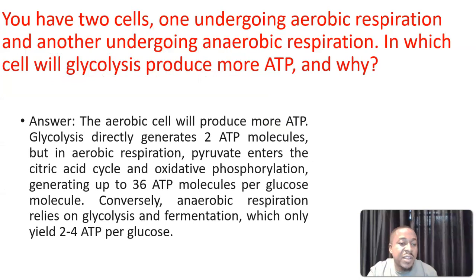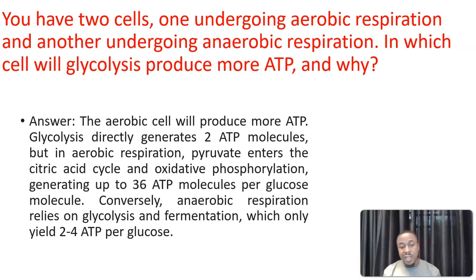So in aerobic cells, the aerobic cell produces more ATP. Glycolysis directly generates two ATP molecules, but in aerobic respiration, the pyruvate enters the citric acid cycle and oxidative phosphorylation, which I just explained, generating up to 36 molecules of ATP per glucose. The anaerobic respiration relies on glycolysis and fermentation, which only yields 2 to 4 ATP molecules per glucose.